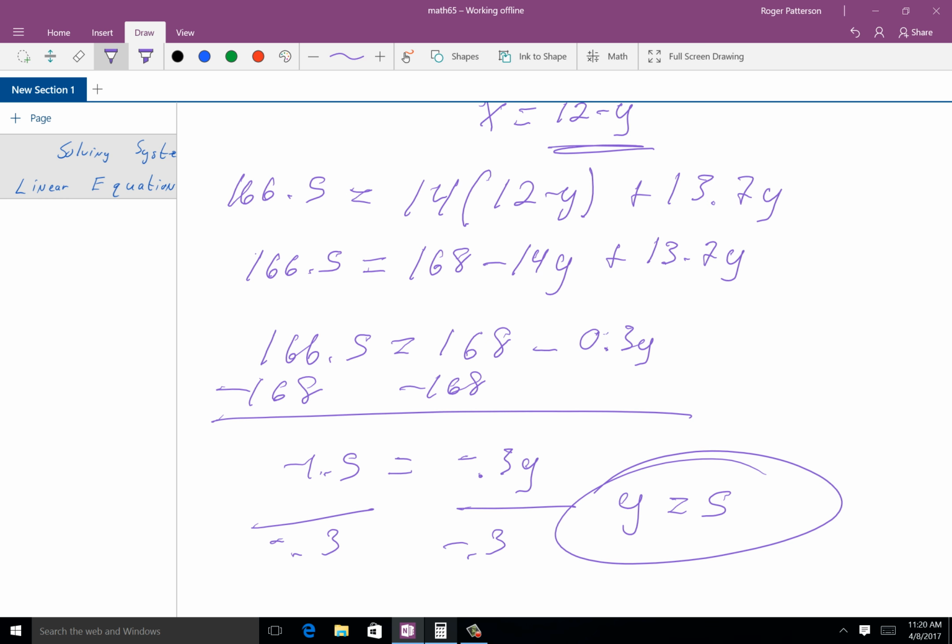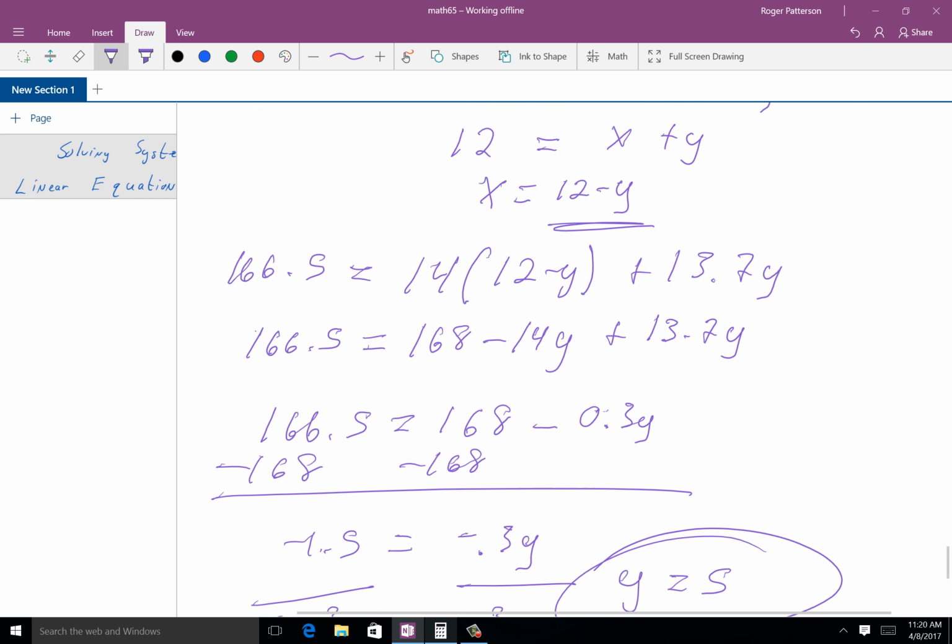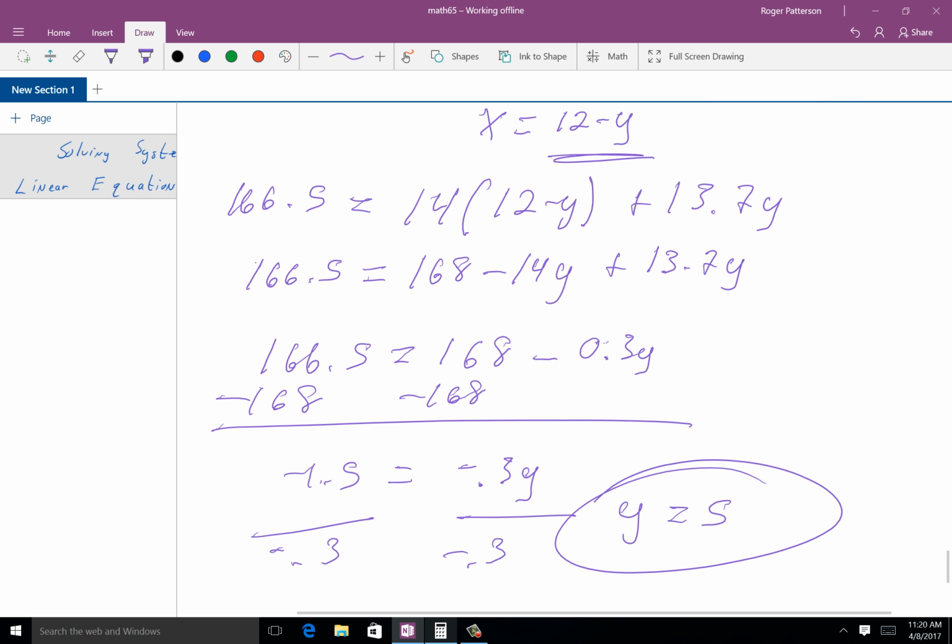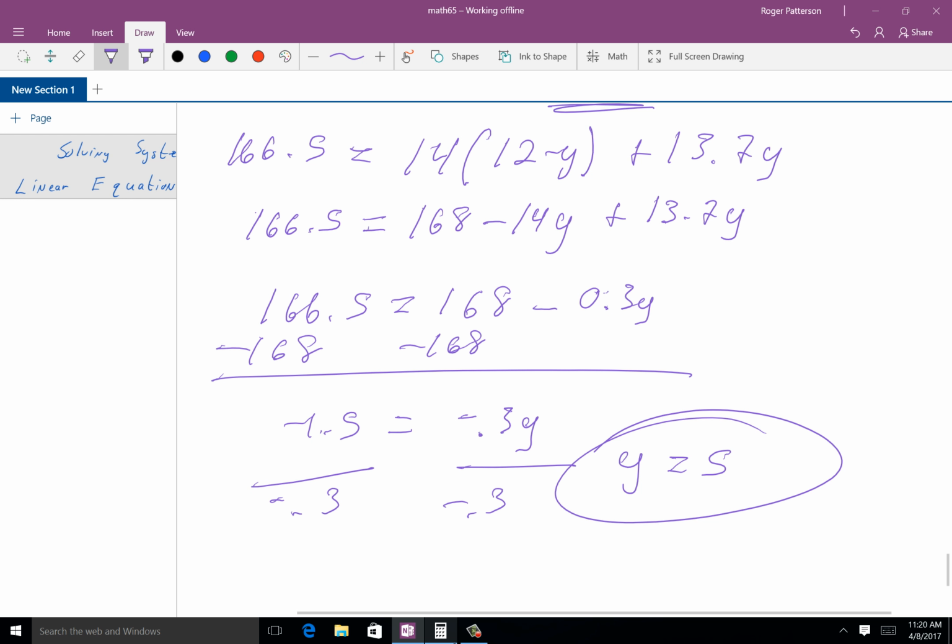All right, so we got 5 of what it was. Y was the Reese's, and so how many Snickers are we going to have? Knowing that they got to add up to 12, how did I get 5? Oh, 7. Yeah, we're going to get 7 for x. All right.